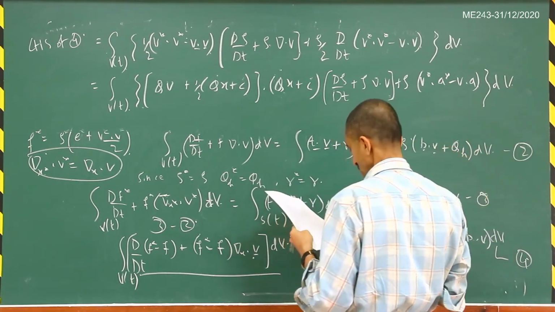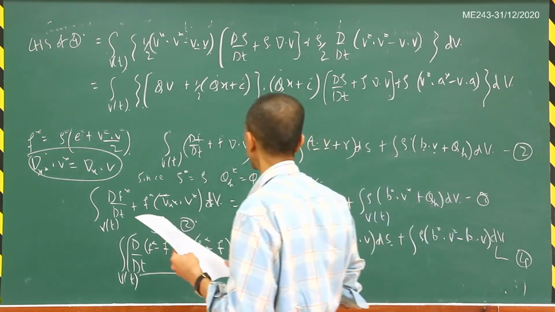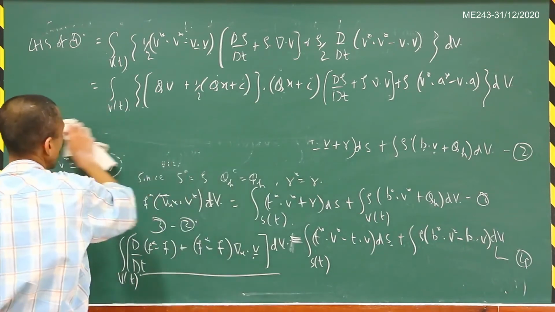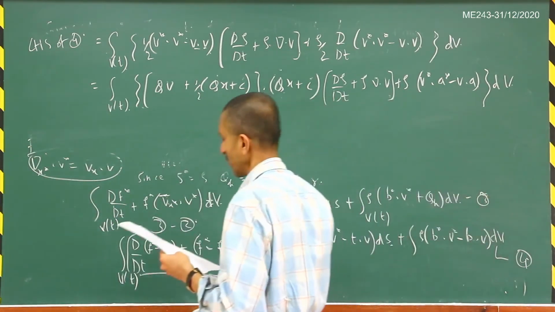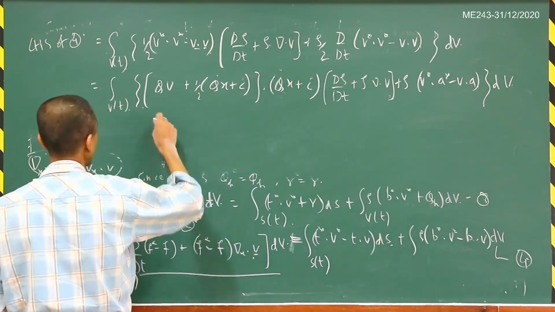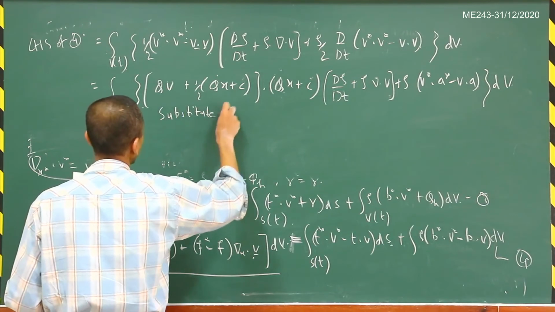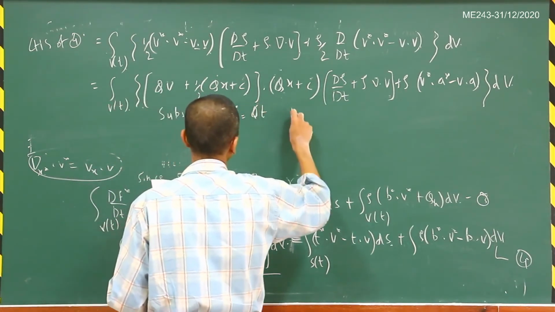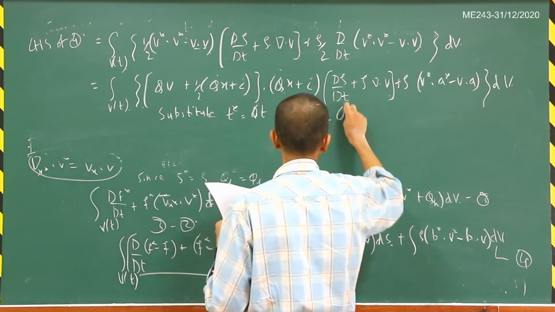Okay. So now you substitute t star equal to q times t into this equation, and let's see what we get here. Substitute t star is equal to q times t, and b star minus a star is equal to q times b minus a.